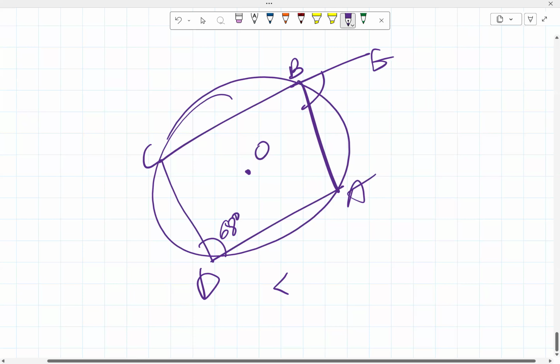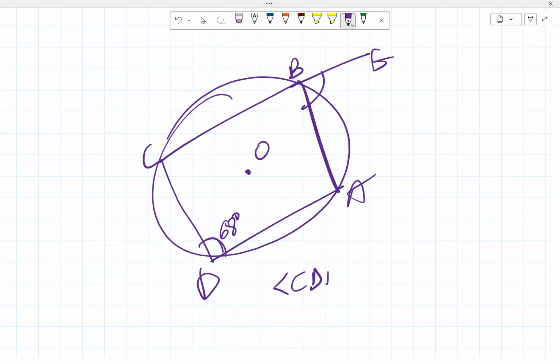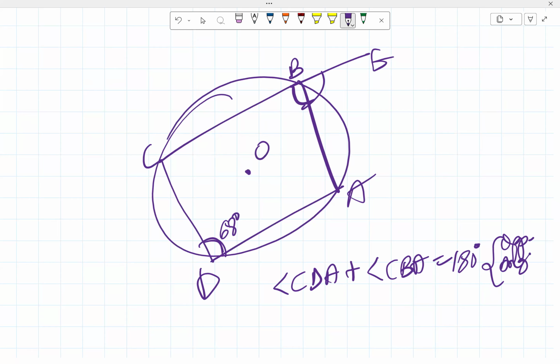Of course, we know that angle CDA plus angle CBA will be 180 degrees. That's opposite angles of a cyclic quad, a short way to go.